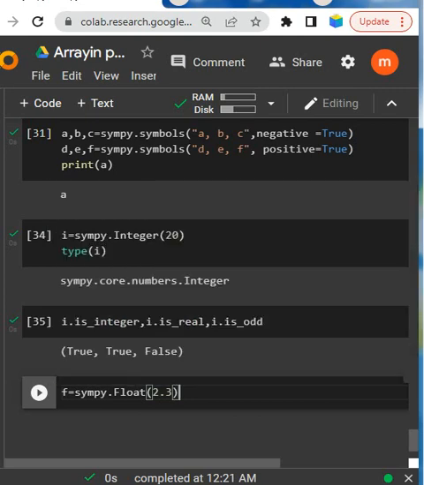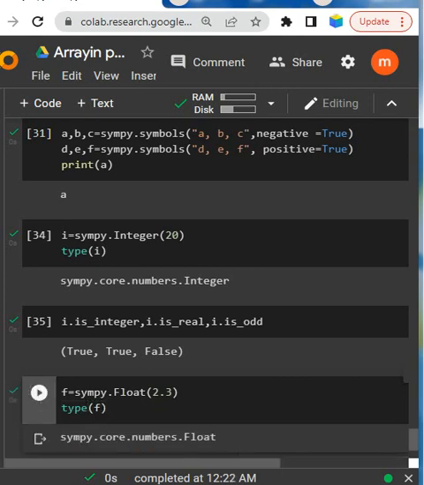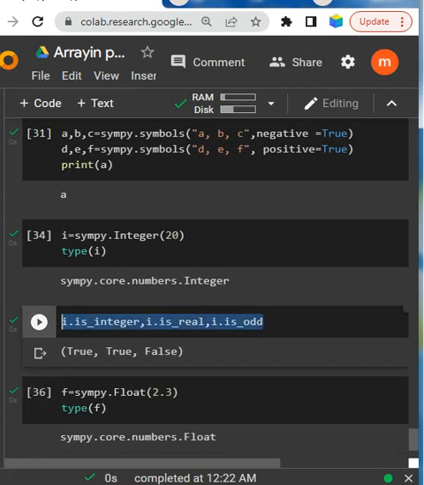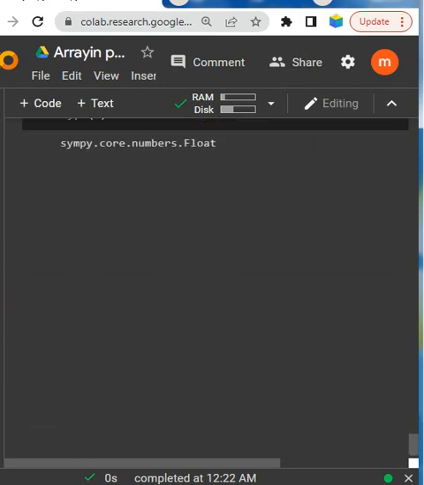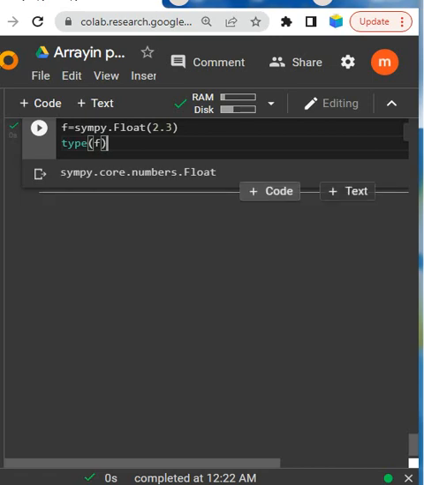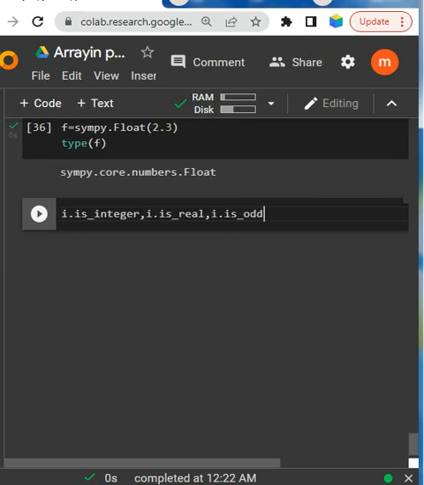Now ask the question here: type has been printed as the type of f, sympy.core.numbers.Float. Similarly, I can ask the same questions, replacing I with f, because I have taken f as a variable.